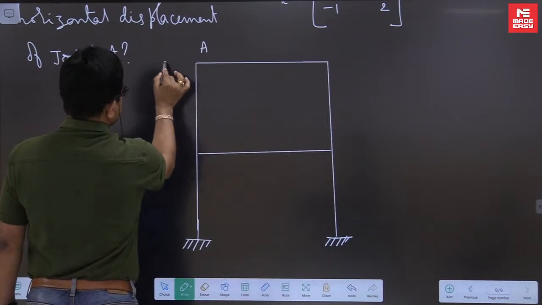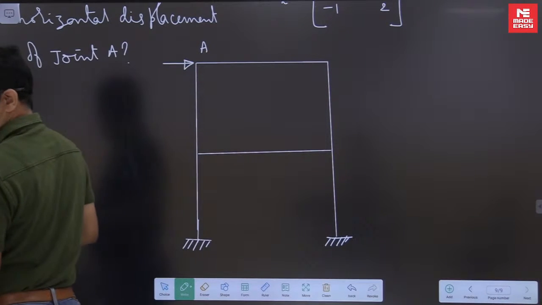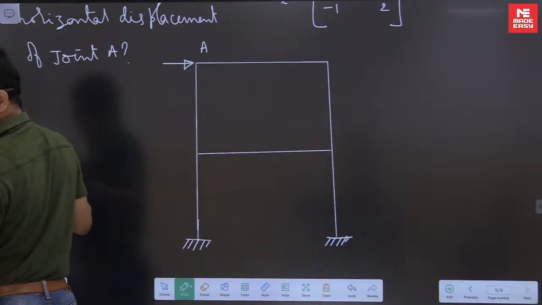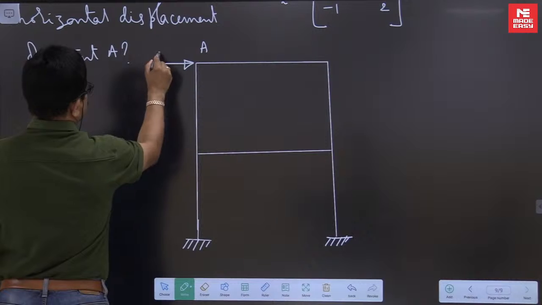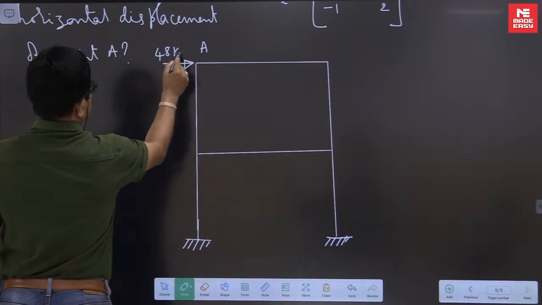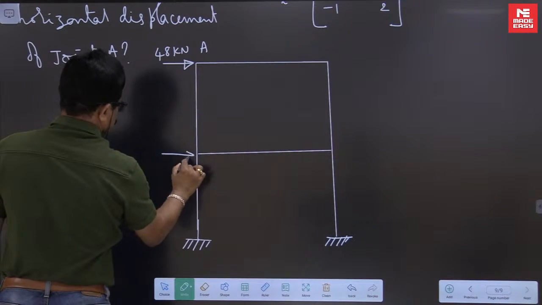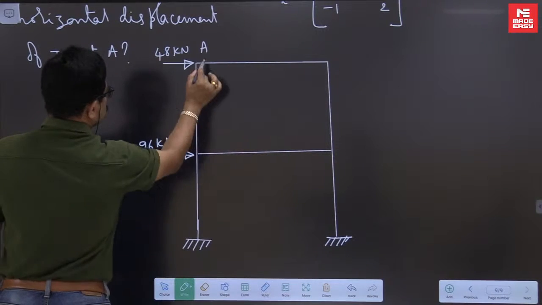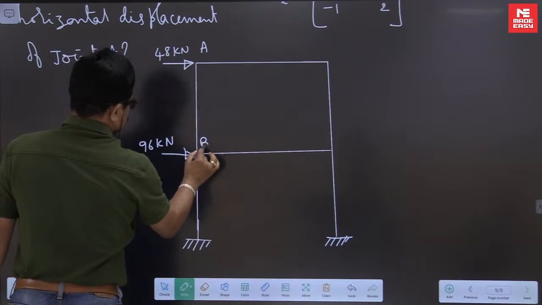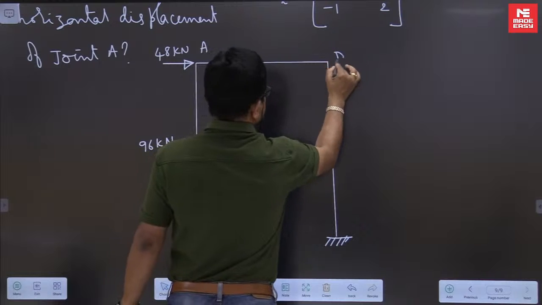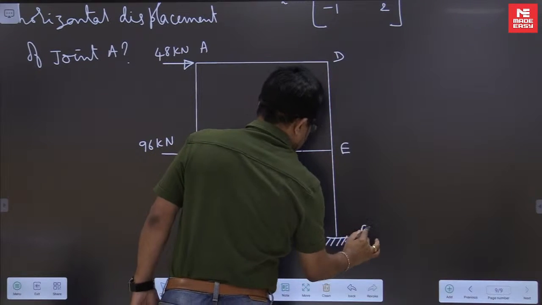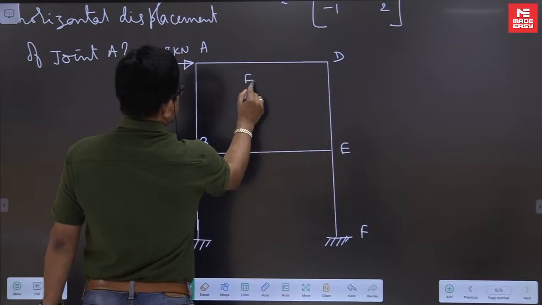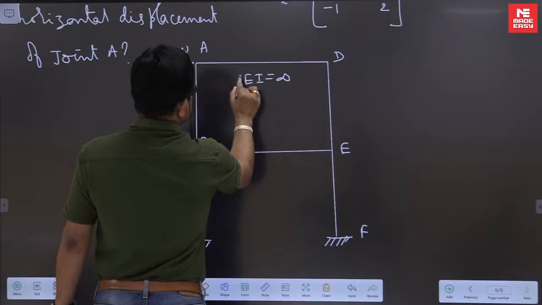This point, let us say A. Here the load, let us assume that 48 kilonewton, and 96 kilonewton. This is A, B, C, D, E, F. This flexural rigidity, let us assume that it is infinity.